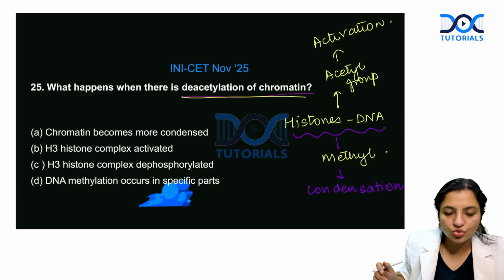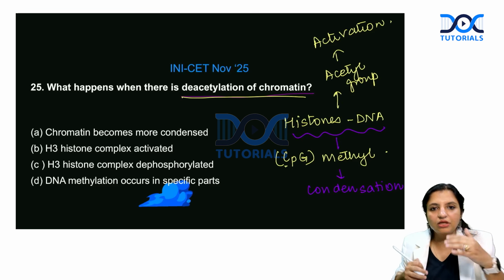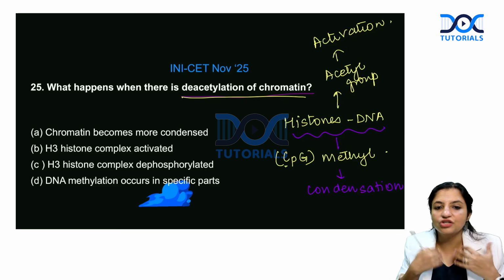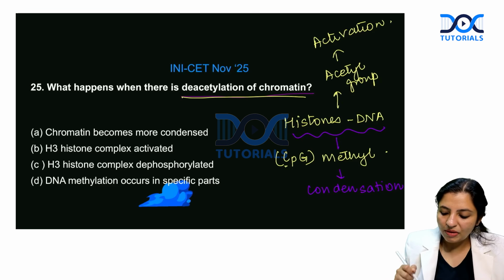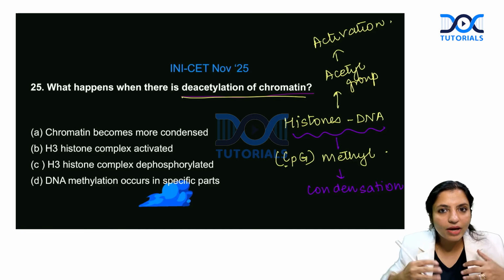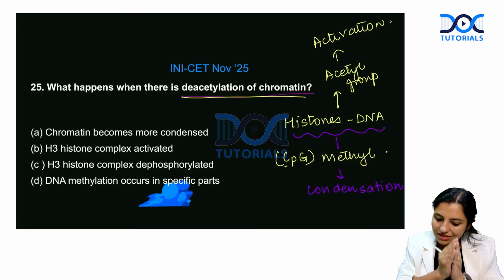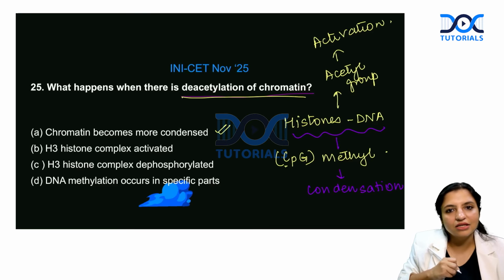Okay, so that's a rule. Methylation usually occurs in CpG islands. Wherever there is C and G together, that is the area where methylation usually occurs. Suppose somebody is saying you remove the acetyl group. Acetyl group activates, so if you remove it, that part of the DNA condenses. So it causes condensation of the chromatin.